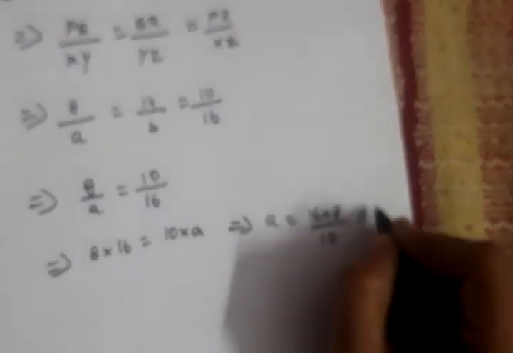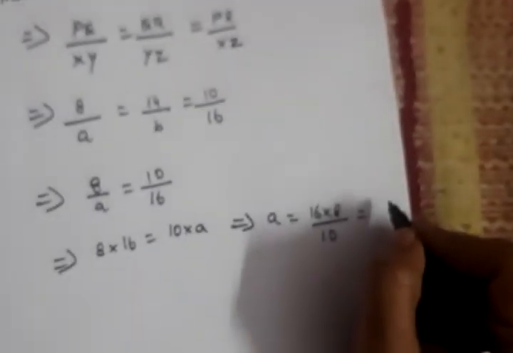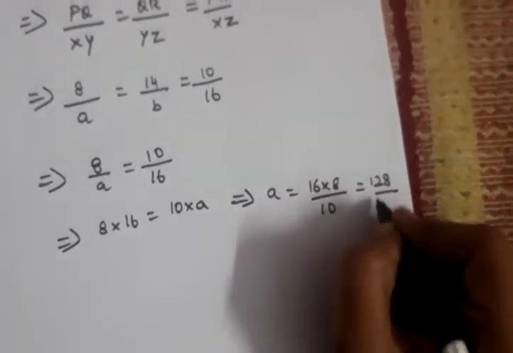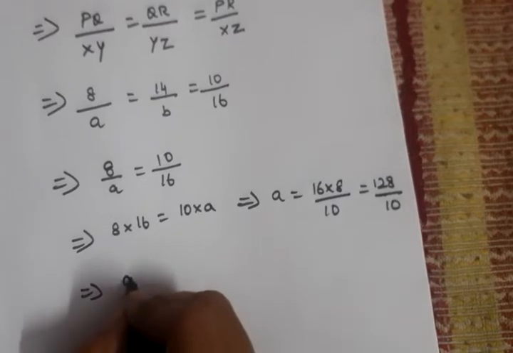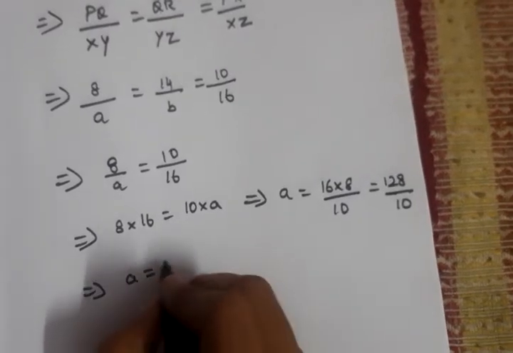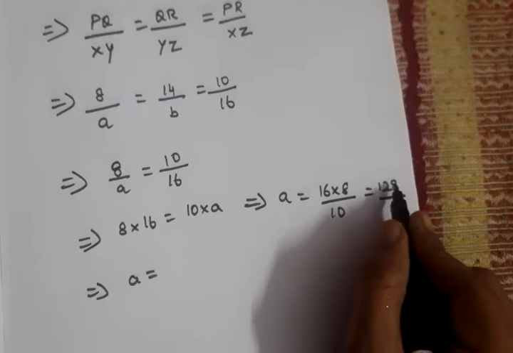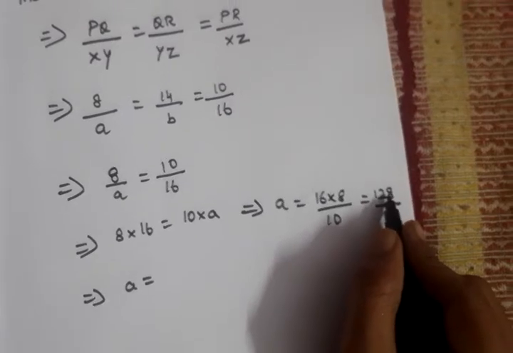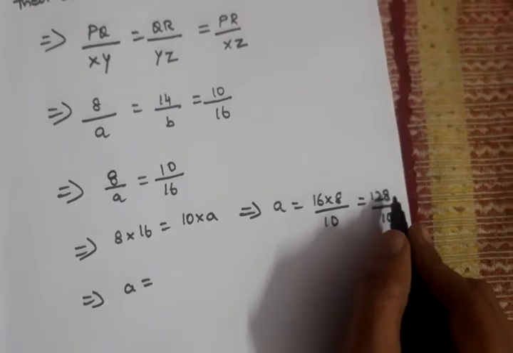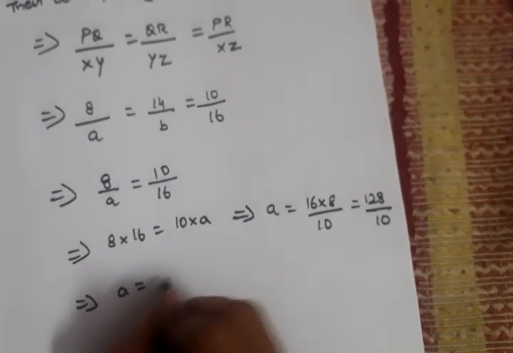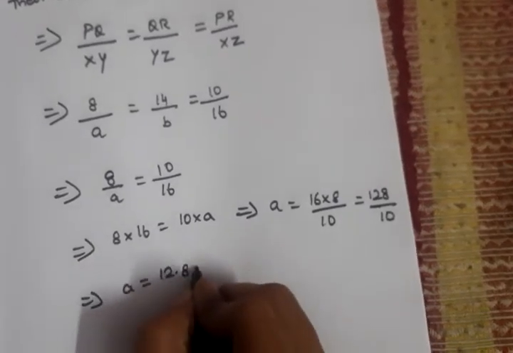So 16 8s are 120, divided by 10. So that A value has 1 decimal, so from the right side put a decimal point. So 12.8 centimeter.